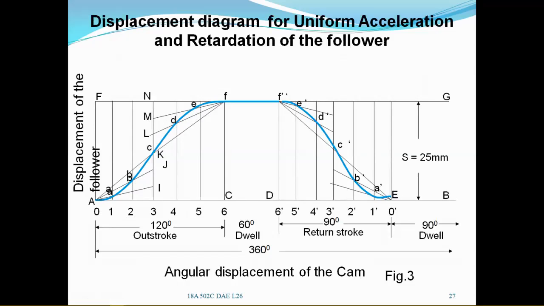If you join all these points with a smooth curve, then you will get your displacement diagram. This is all about the displacement diagram. So this is 360 degrees, 120 degrees, 60 degrees, return stroke 90 degrees and the remaining 90 degrees. And vertically, that is the lift of the follower, S is equal to 25 mm.